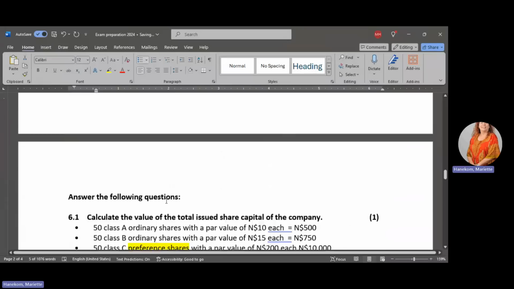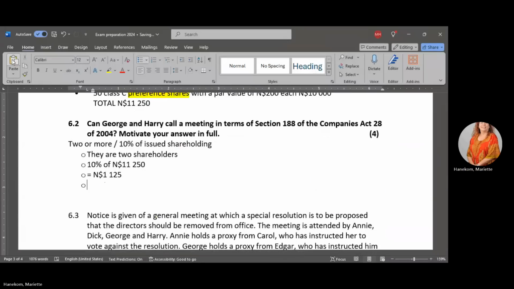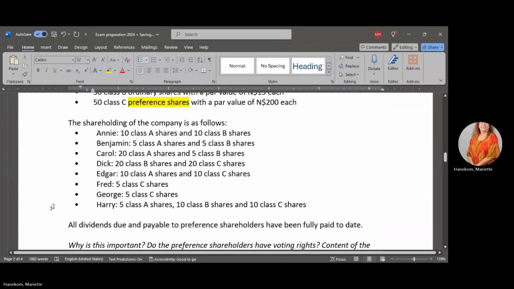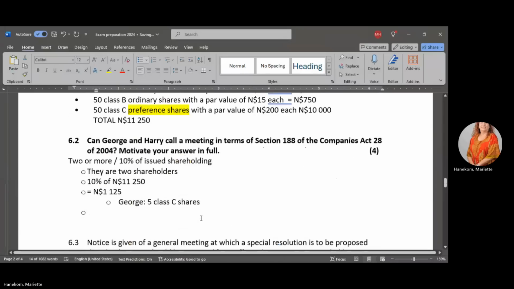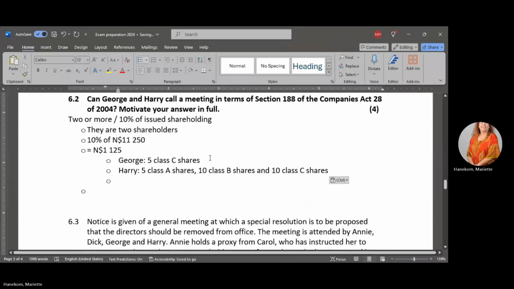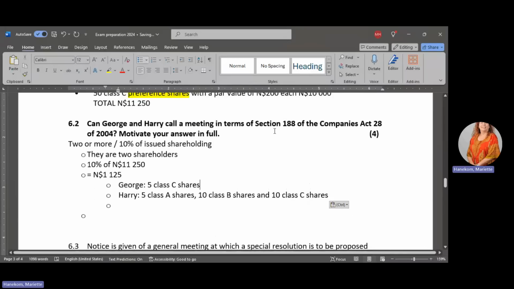George has got 5 Class C shares. Harry has got 5 Class A, ten Class B and 10 Class C shares. We're talking in section 188 of issued shareholding. So the fact that George only has preference shares is not relevant for this particular question.